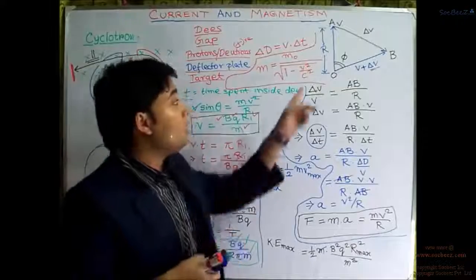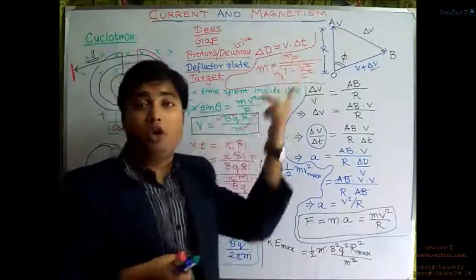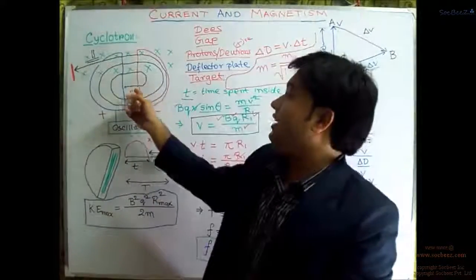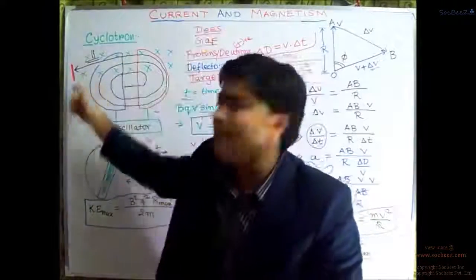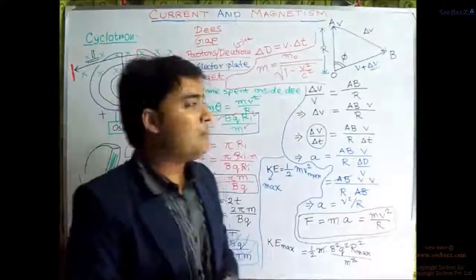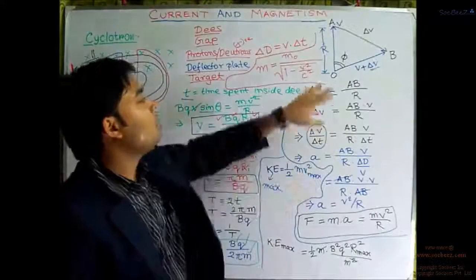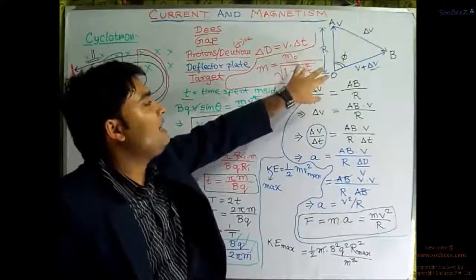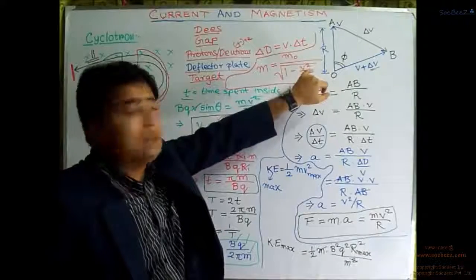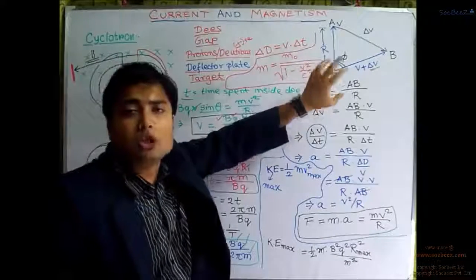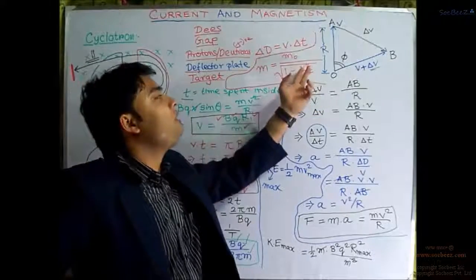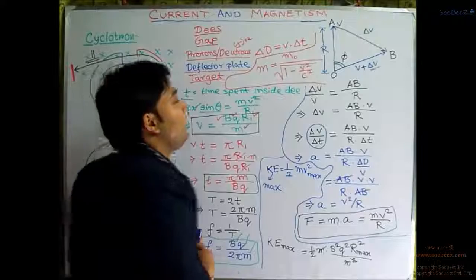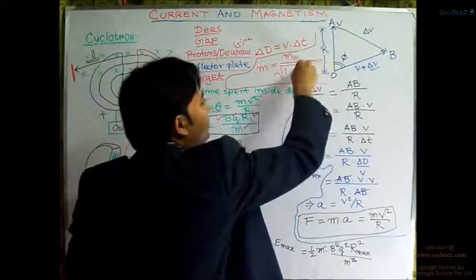And the V that is being produced keeps increasing every now and then, the V maximum. If, say for example, it increased such that V is equal to C by 2, at that point of time we will see that there will be a change over here.